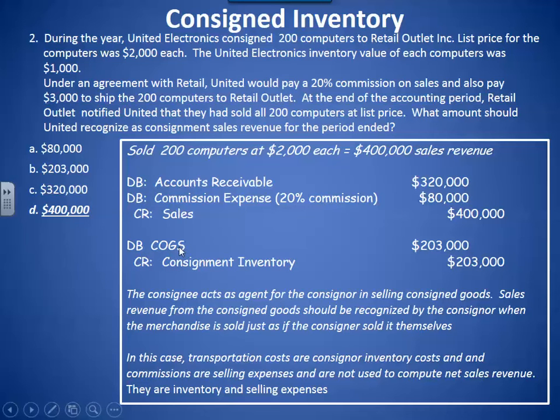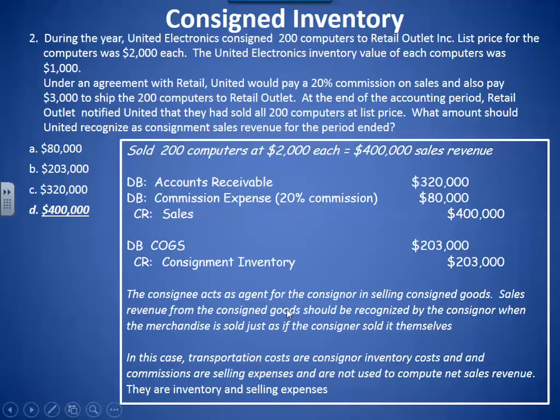Also, we would debit cost of goods sold for $203,000 and credit consignment inventory for $203,000. That's the $200,000, which is 200 computers times the $1,000 inventory value, plus the $3,000 we paid for shipping those computers to the retail outlet. Remember that the consignee simply acts as an agent for the consignor in selling consigned goods.